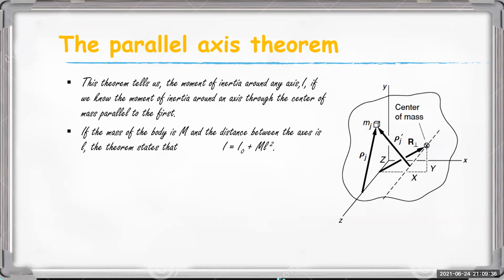Here I0 is the moment of inertia about an axis passing through the center of mass, and we have to find I. So we use I0 plus m L square.